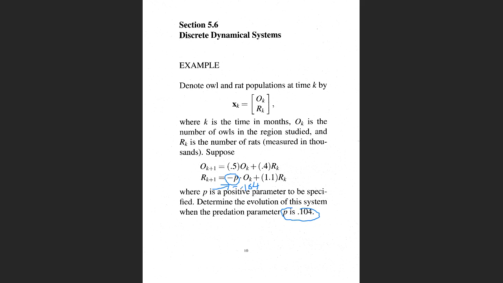I mean, why don't they have this? Hold on here, this might be good to use my stylus on. Hold on, class. Why don't they have R sub K plus 1 equals positive 0.104 times O sub K plus 1.1 times R sub K?